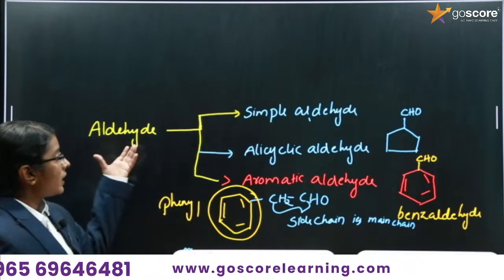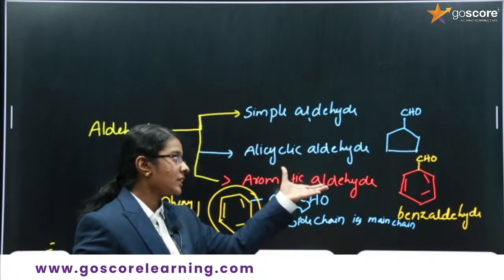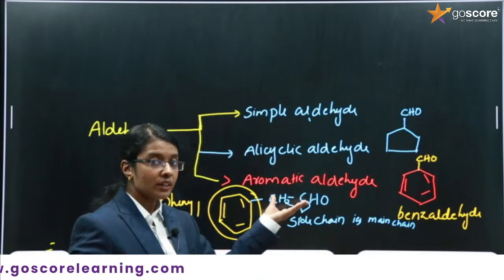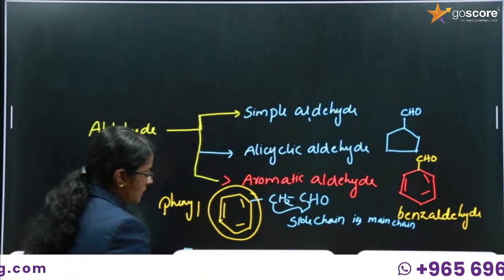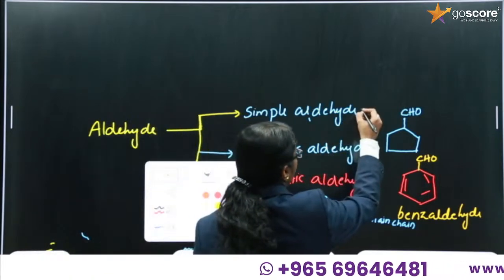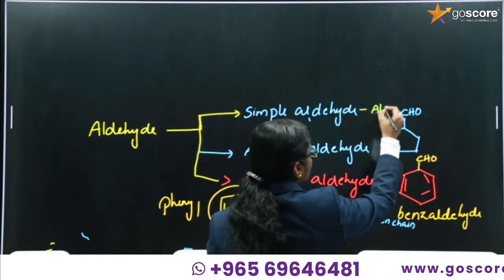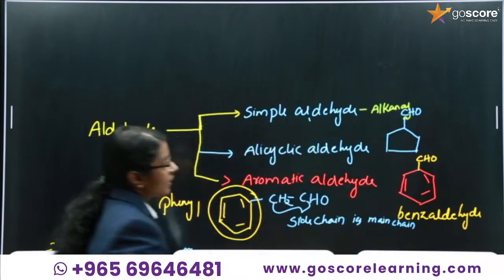So aldehydes can be classified into simple aldehyde, alicyclic aldehyde, and aromatic aldehyde. If it is a simple aldehyde, the IUPAC naming will be alkanal.